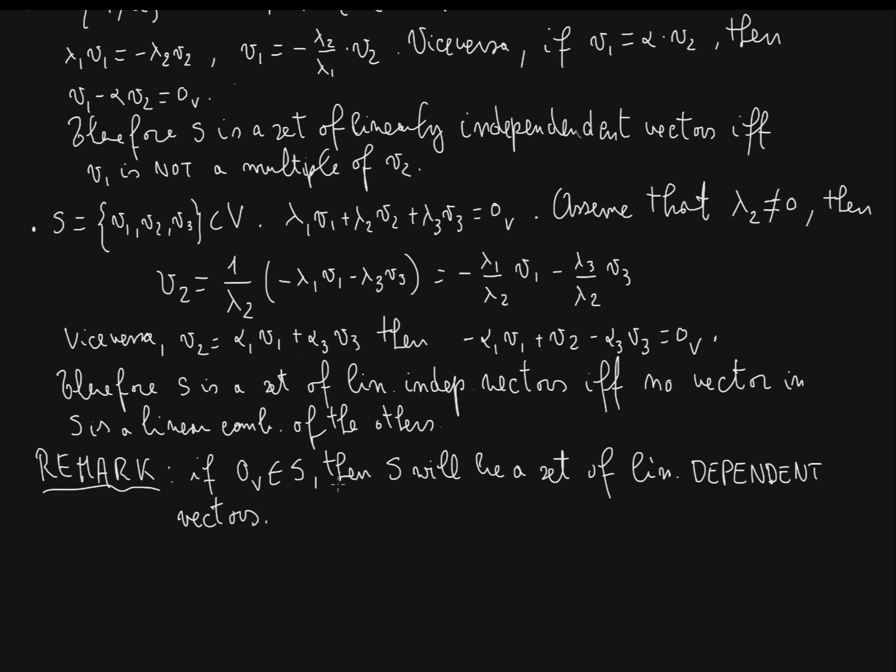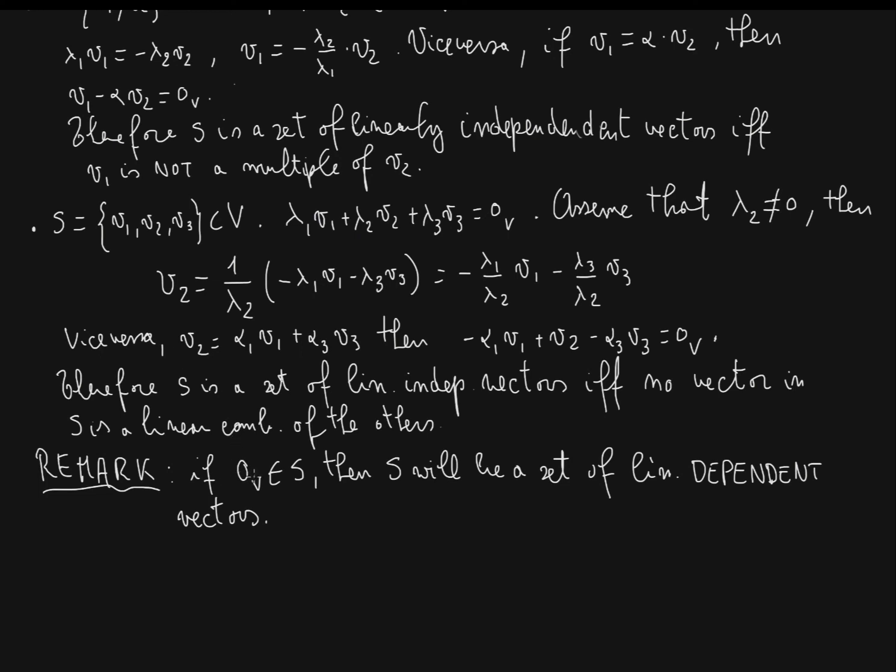So how do we prove this? Let's just take, for example, any other vector in S. If it is the only vector in S, then we know that it is linearly dependent, because it is just the case of S comprising just a unique vector.